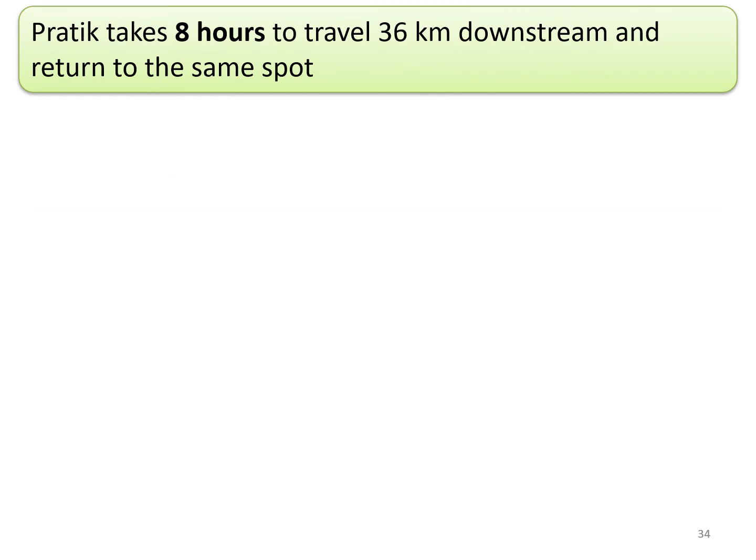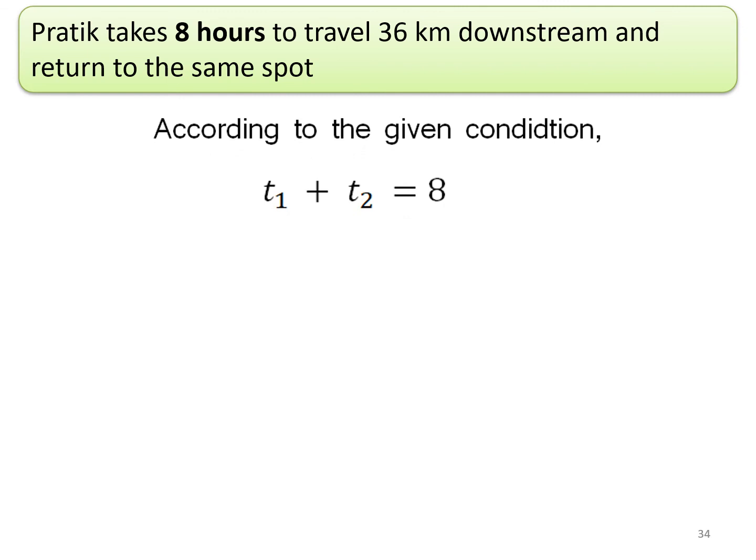According to the given condition, Pratik takes 8 hours to travel 36 kilometers downstream and return to the same spot. So when he travels and returns, he takes only 8 hours. So we can say that T1 plus T2 is equal to 8.